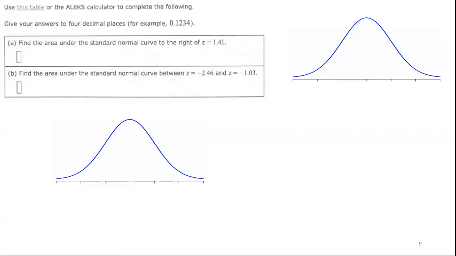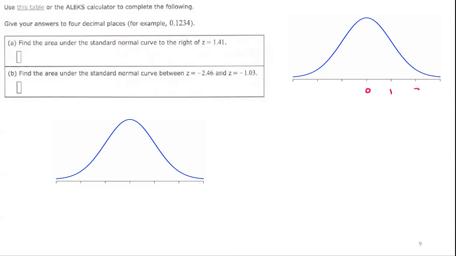Okay, so it's asking us to find the area under the standard normal curve to the right of z equal to 1.41. So again, what you want to do first here is label your z-scores, right? So this is 0. You'll always start with 0 in the middle for the z-scores.